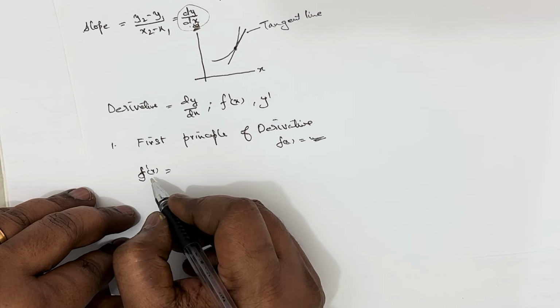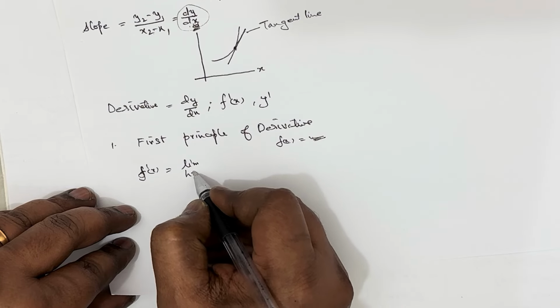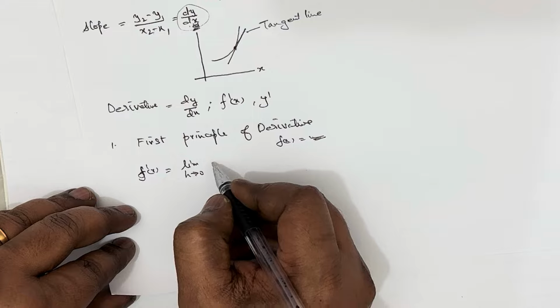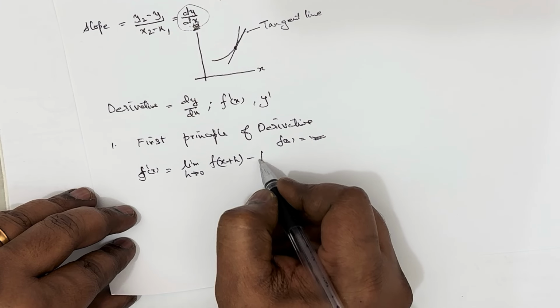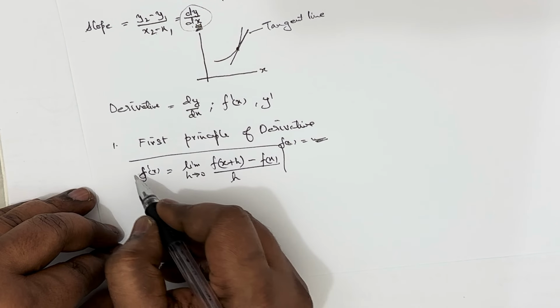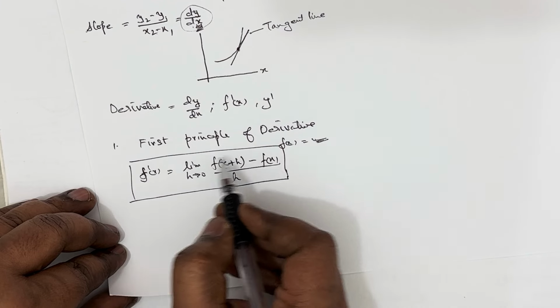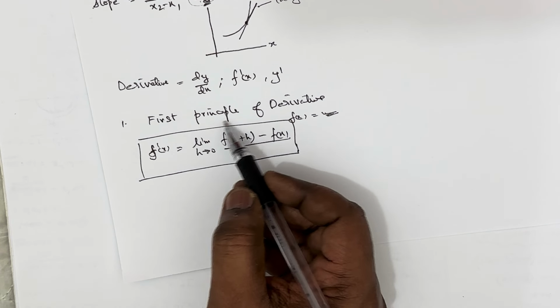The formula is f dash of x is limit h tends to 0 of f of x plus h minus f of x upon h. This is the formula for the first principle of derivative.